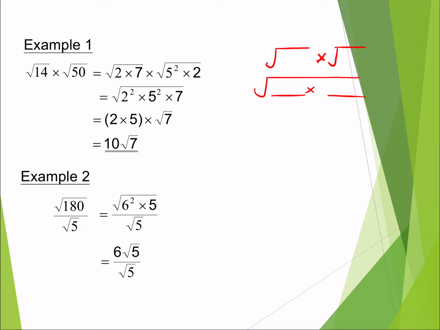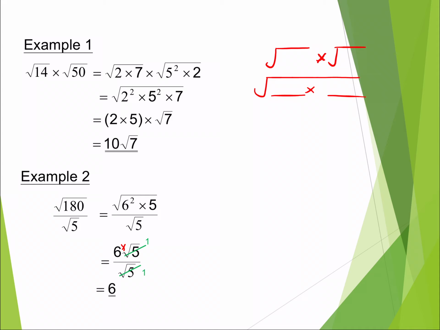The square of 6 can be cancelled with the square root and come out of the surd. Now you can see that 6 times square root 5, and square root 5 and square root 5 can be cancelled with each other because it is a division. So it equals 6.